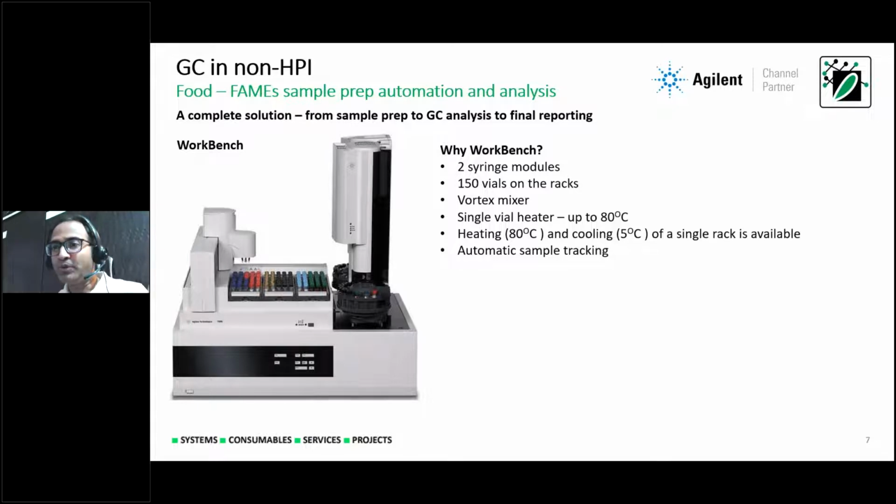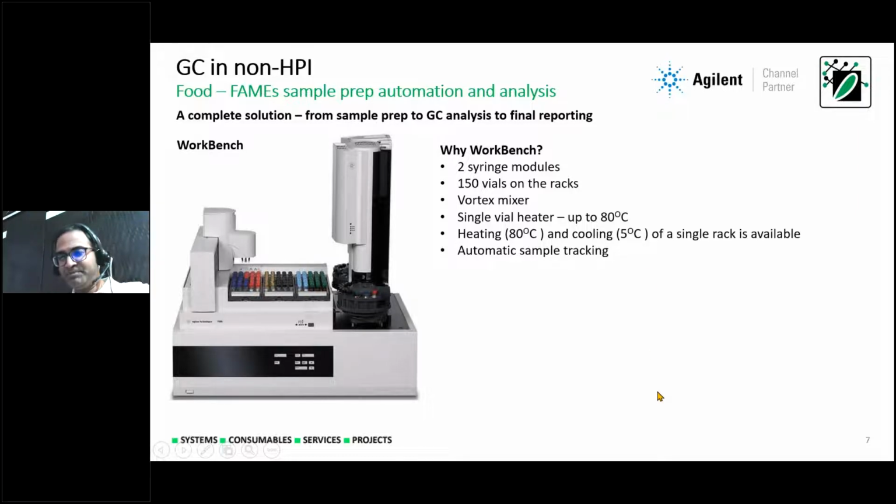You can heat not only the single vial, but if you have to keep your entire rack of 50 vials hot, that is also possible. Likewise, if you have to keep your entire rack at a lower temperature, that is also possible. As you can see here, heating of the entire rack at 80 degrees centigrade is possible, or cooling of the entire rack at 5 degrees centigrade is also possible.